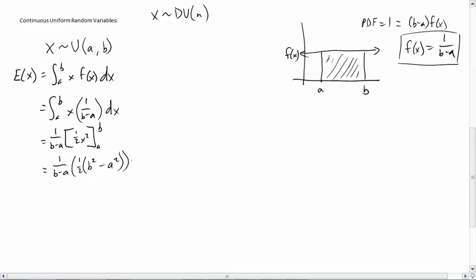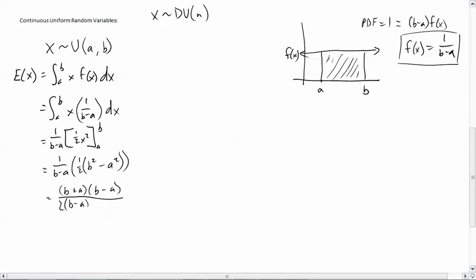Of course, b squared minus a squared will factor. This all goes up on the top. So in the end, b squared minus a squared will be b plus a times b minus a, all over b minus a, and then I've got the 1/2 there, so 1 over 2.